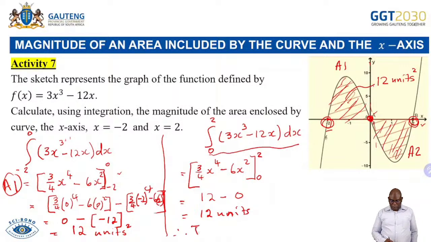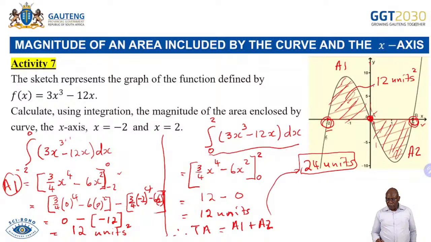Therefore, the total area will be area 1 plus area 2. And this area 1 plus area 2 will give me 24 square units. So the area of that is 12 square units.